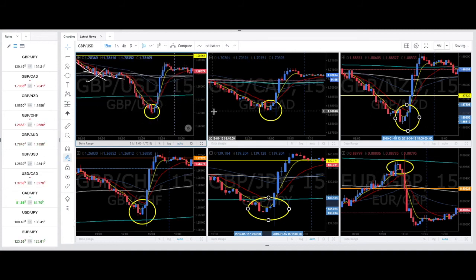Second aspect you have to think is all the pound pairs dropped for what? 5-6 hours straight since 1 o'clock all the way through 7 p.m. Eastern time. So for 7 straight hours, all the pound pairs dropped at least 100 pips. You're telling me that they're not going to want to recover some of that? You think that they would actually drop another 200 pips?